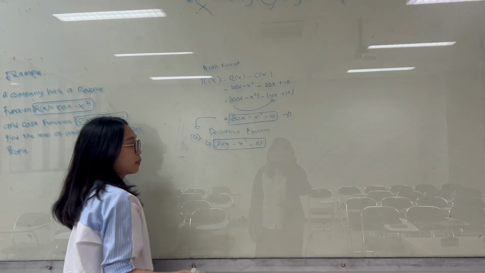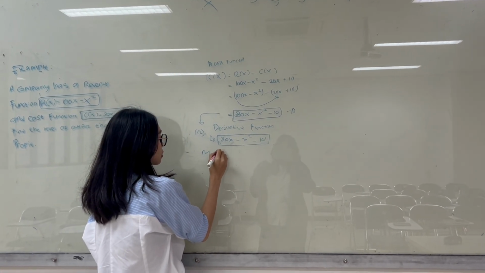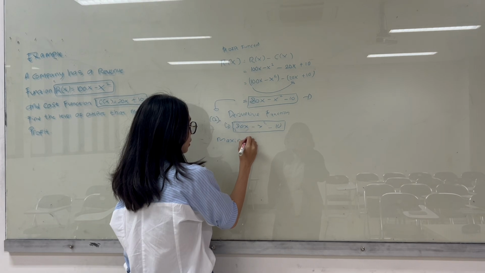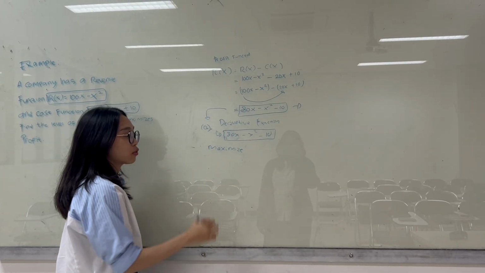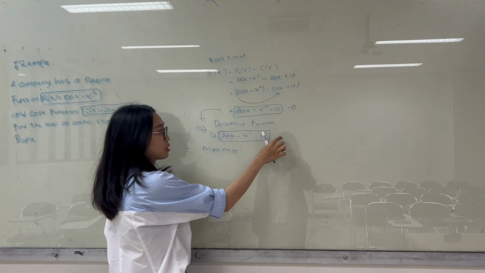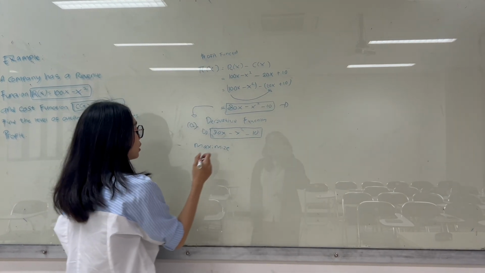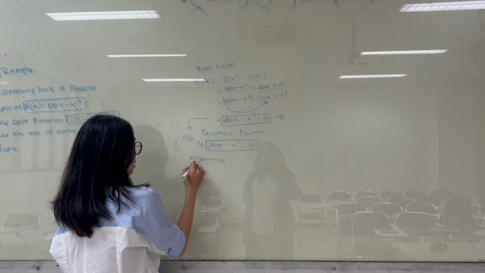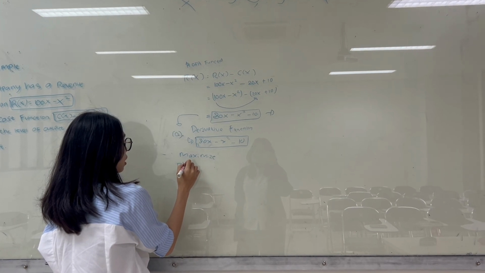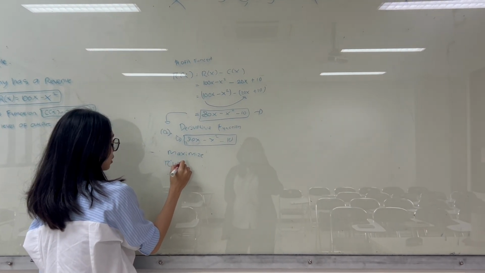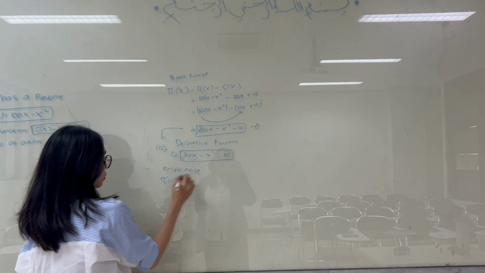So the next step is to find the maximum. To find the maximum, we take the derivative of this function and set P'(x) equal to 0.